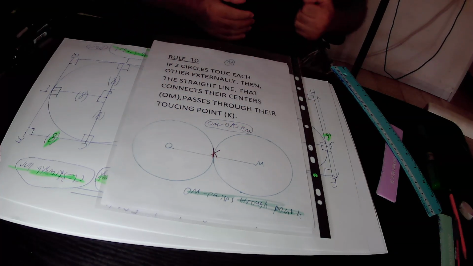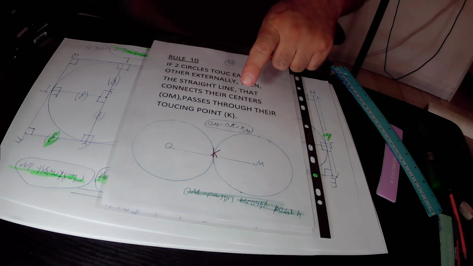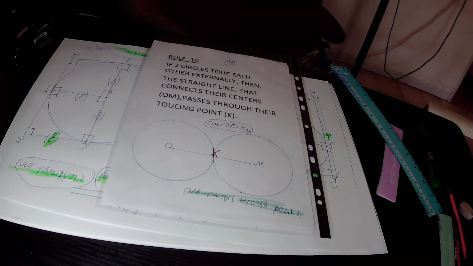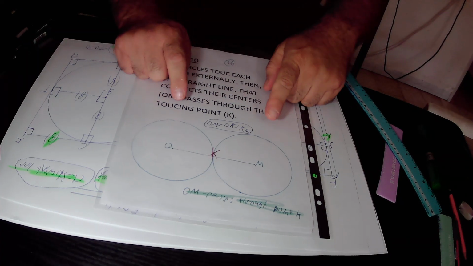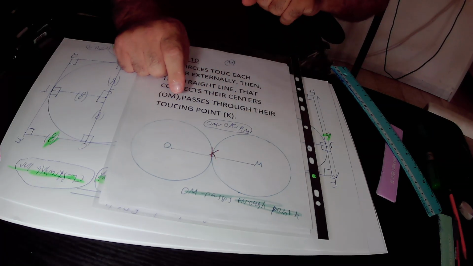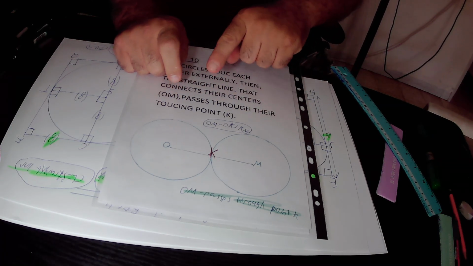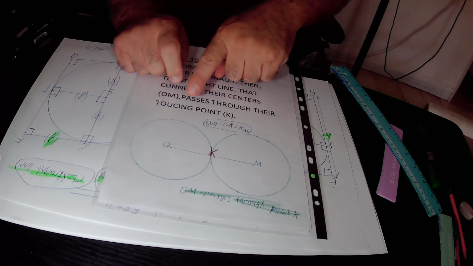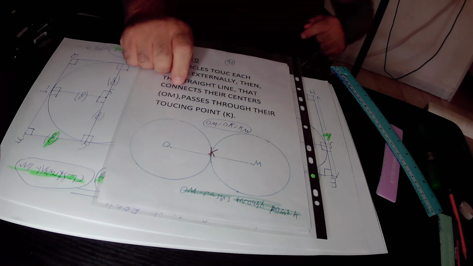According to rule 10, the straight line OM must pass through point K, their touching point. Again, OKM is one straight line.